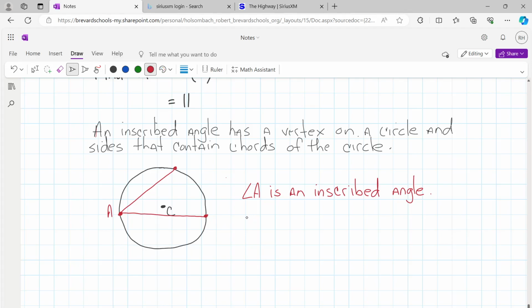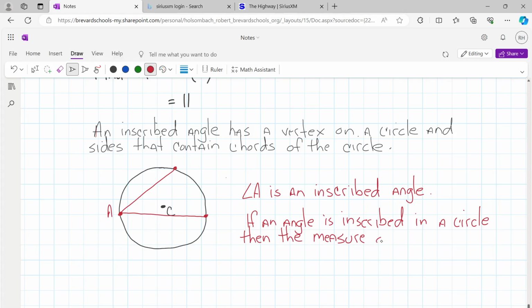We're going to say if an angle is inscribed in a circle, then the measure of the angle is 1/2 the measure of its intercepted arc.